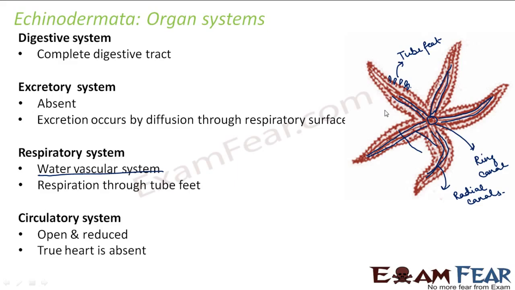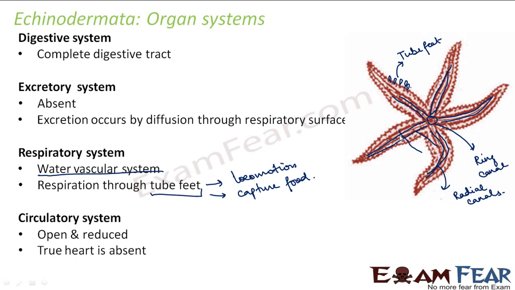They also help in exchange of gases, so respiration occurs through the tube feet. Tube feet help in capturing food as well as locomotion. So tube feet perform multiple functions. This type of system is known as the water vascular system.